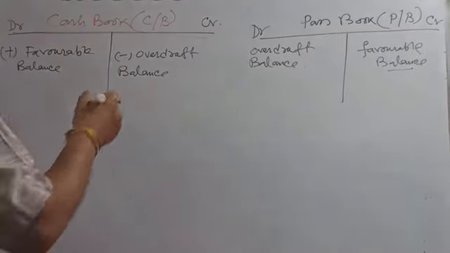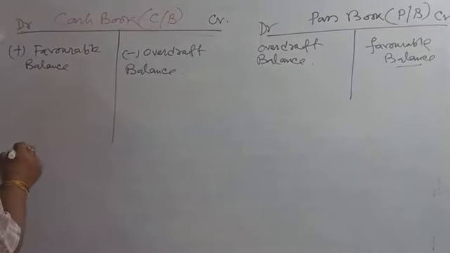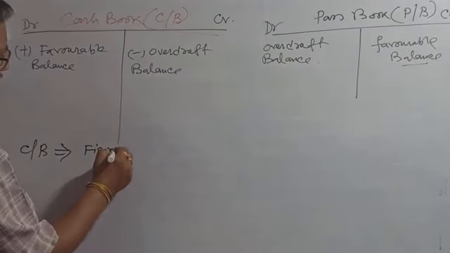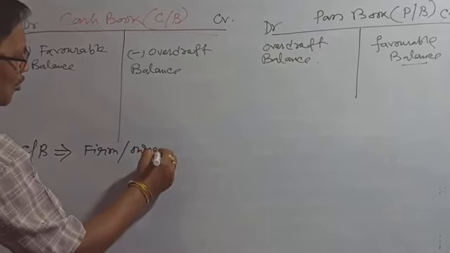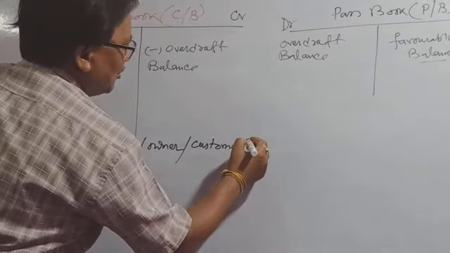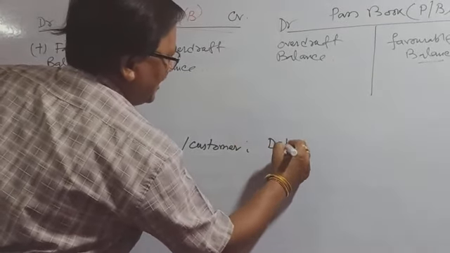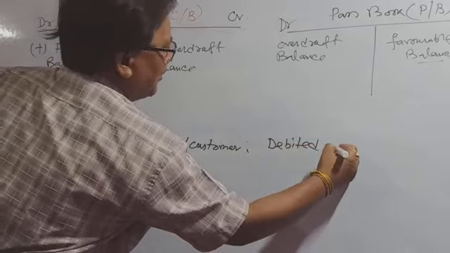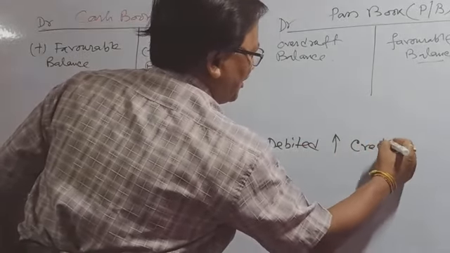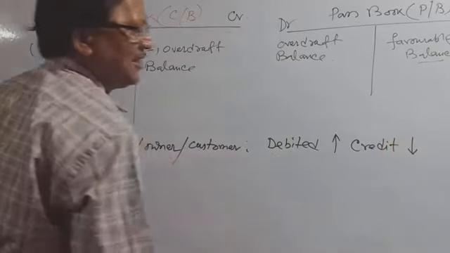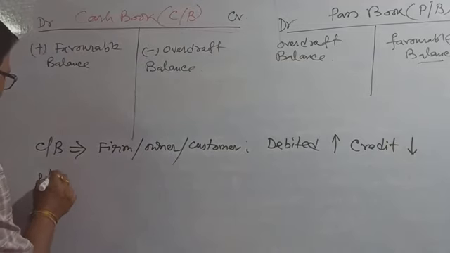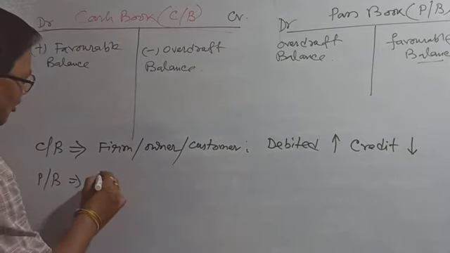Again, short form, cash book means CB, which is maintained by the firm, owner or customer. When the cash book is debited, the balance increases. When the cash book is credited, the balance decreases.